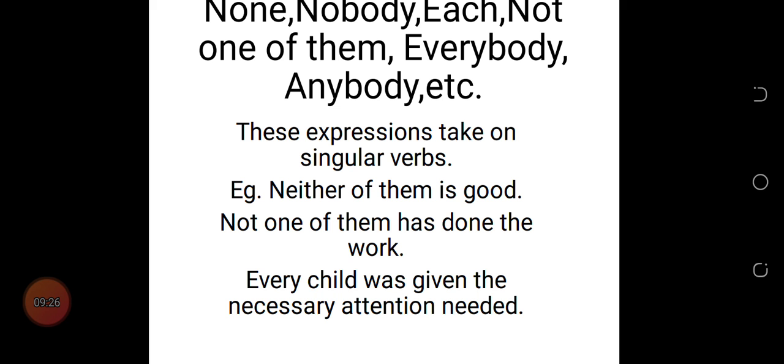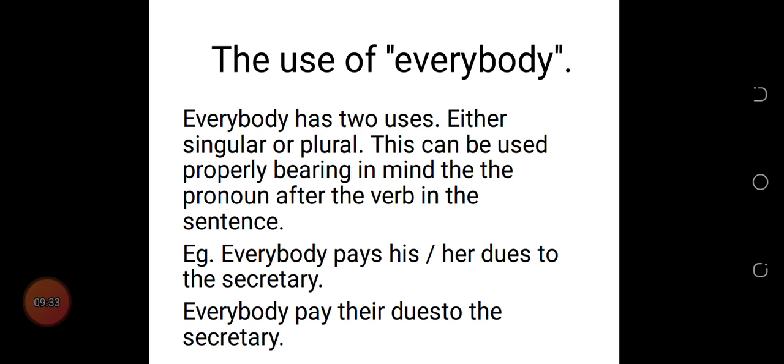Okay, so you have looked at none, nobody, each, not one of them, everybody, anybody, and we were taken through everybody. We should know that everybody can be used as a singular subject or a plural subject. The one using it should know the verb to use and what exactly he or she is referring to, as we have in the examples given.